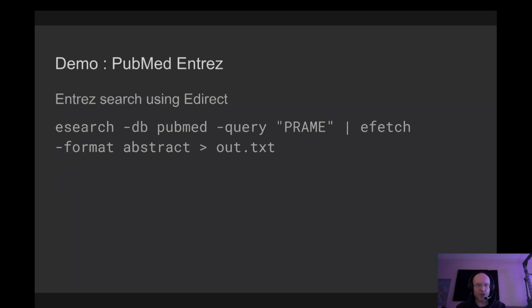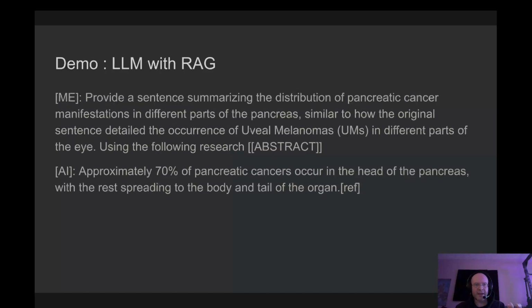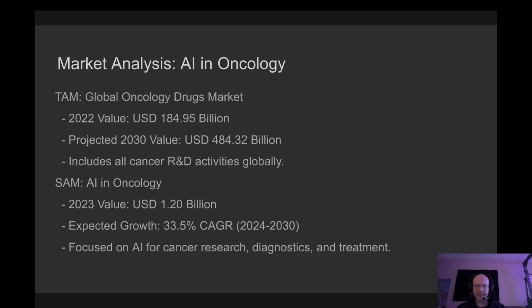We then search Entrez for all the articles so we can get all the most recent information. And then we get the AI to provide a sentence. That was the prompt that it generated using the abstract we just downloaded. And it generates a really excellent sentence.